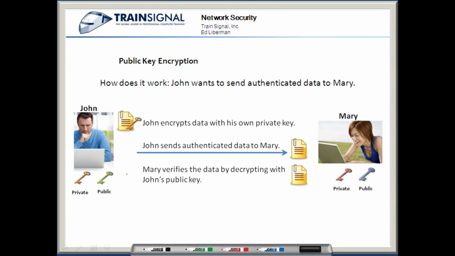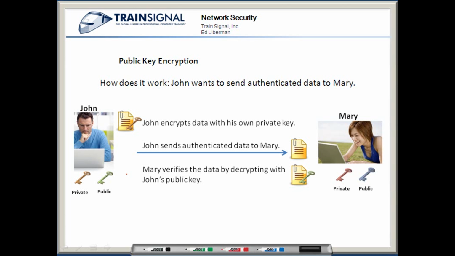That's right. It's decrypted using John's public key. And who has access to John's public key? Everybody, because it's available to the public. It's the public key. So it's not being sent securely in this case. But here's the deal. Since Mary had to go get John's public key to decrypt the data, since that's the only key that was able to decrypt the data, she knows that it must have been originally encrypted with John's private key.